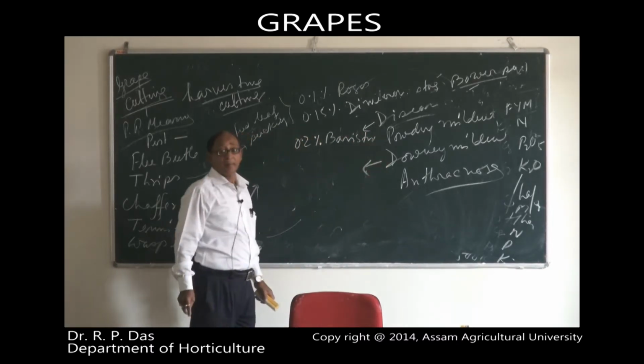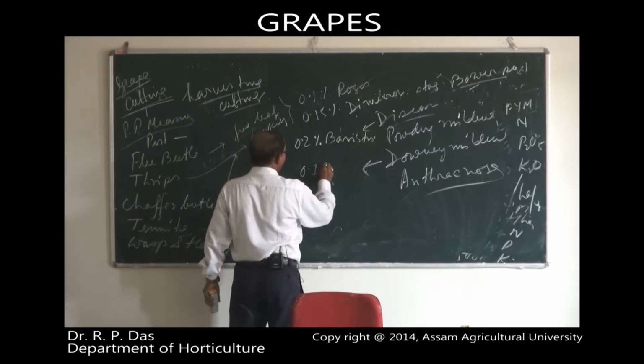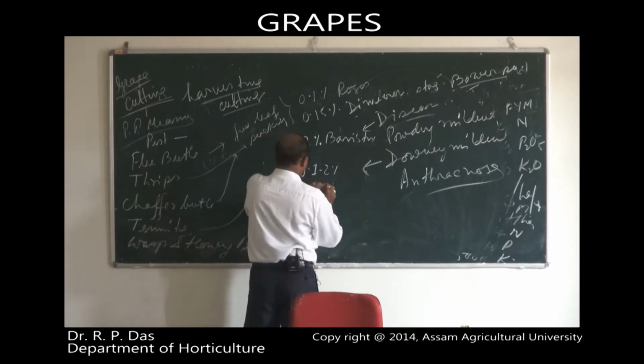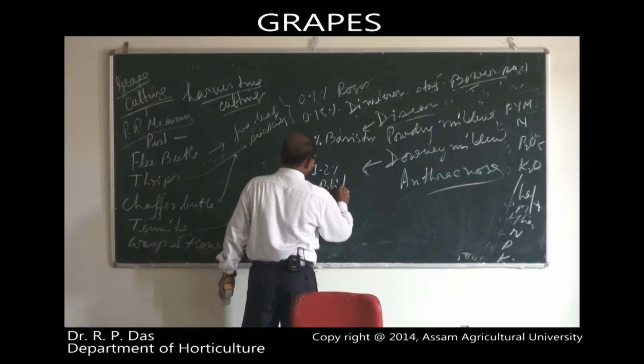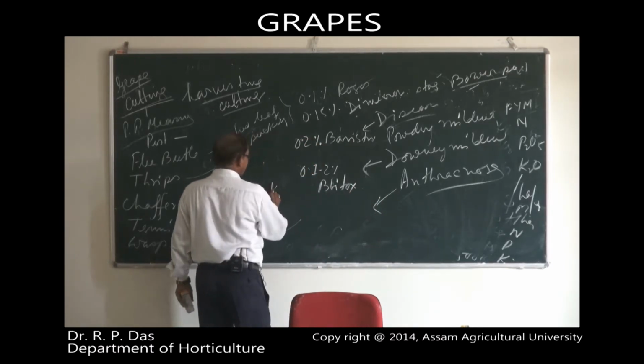Downy mildew can be controlled by spraying of 0.1 to 2% Blitox and/or keratin.